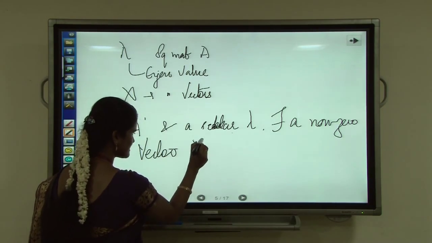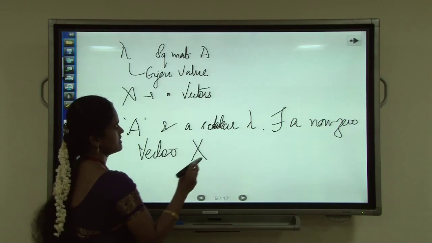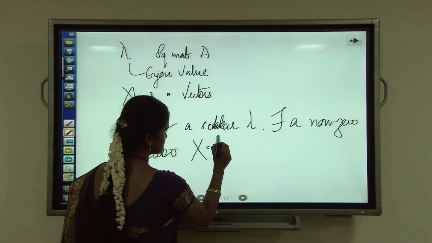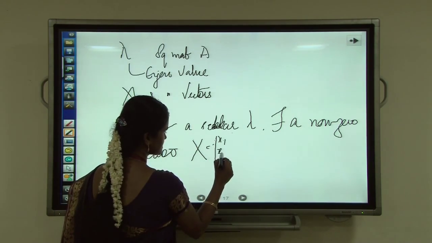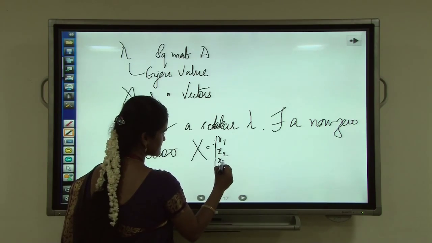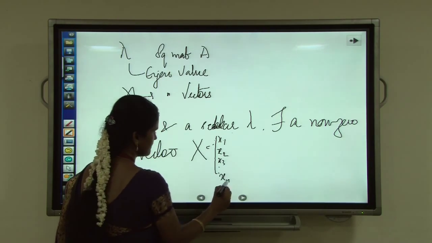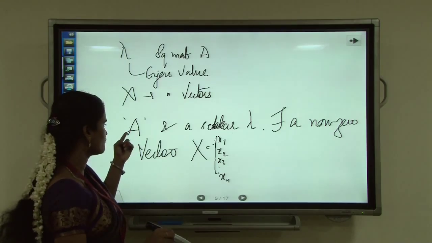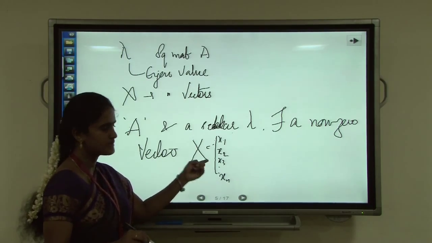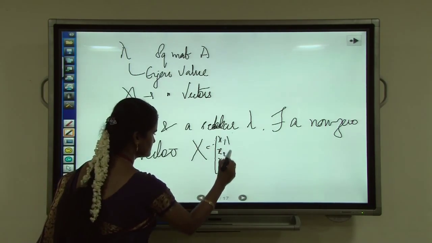We can represent that vector as capital X. This vector is a column matrix which consists of n entries. If your matrix A is of order n, then the capital X could be of order n.